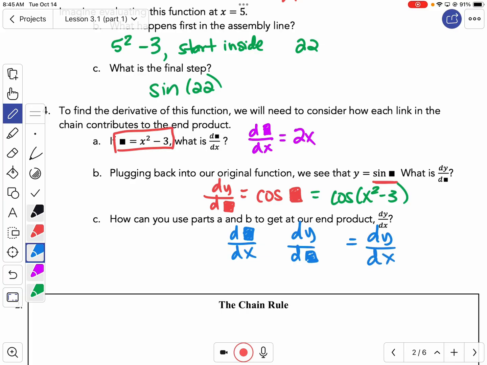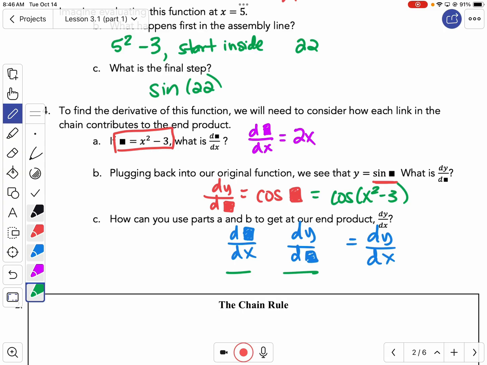What would I have to do with those two derivatives? How could I use these first two to leave me with just dy dx? Think fractions. Fraction arithmetic.